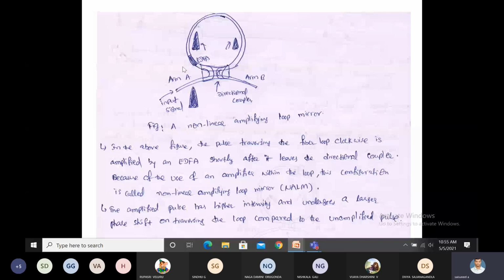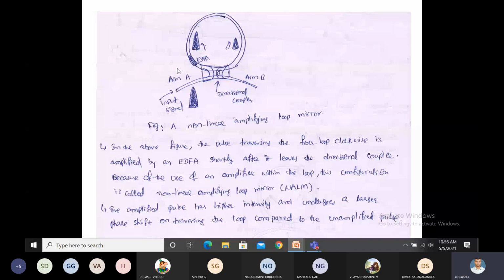How does the EDFA work? We are inserting a rare earth element. Erbium is the rare earth element which is inserted into the optical fiber cable. Then it acts as an amplifier. We already discussed this topic in the second unit. The output of this EDFA is an amplified signal.